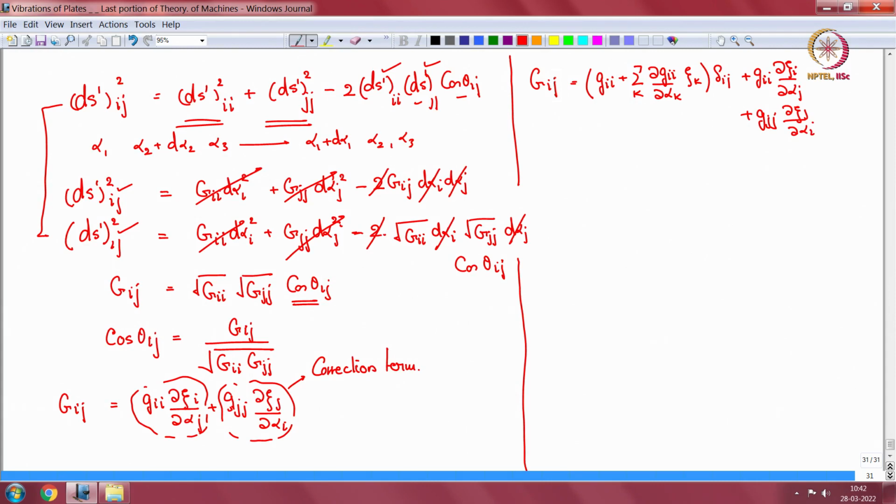Okay. So i and j are same over here. In that case, what happens? We get G_ii plus summation k del G_ii by del alpha_k, xi_k, this is 1 for i equal to j, plus twice G_ii del xi_i del alpha_i.